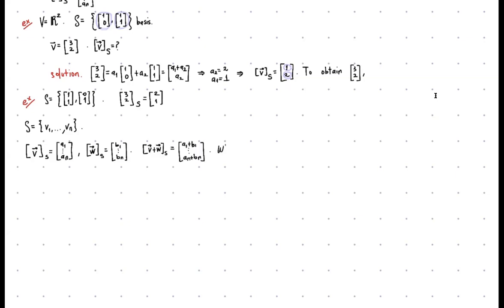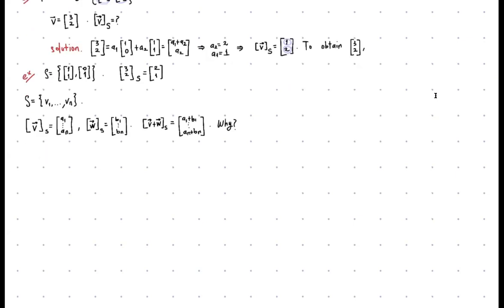Let's see why. What does this really mean? This means V is really A1 times V1 plus up to An times Vn.